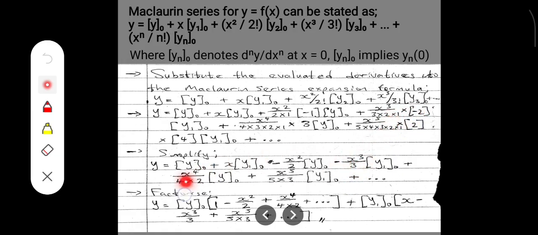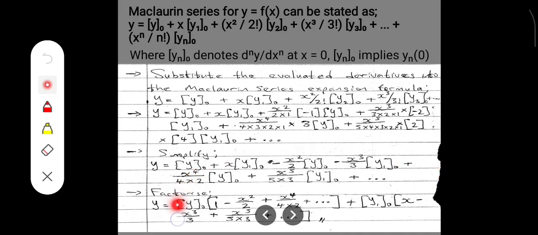The next term we have s to the power 4 over, for the next term 3 cancels out here, so we have 4 times 2 times 1 left, so I just wrote it as 4 times 2. Then the factor here is y of 0, plus the next term is s to the power 5 over 5 factorial. Now for this one, 2 and 4 cancel out in the denominator, so we are left with 5 times 3, then y subscript 1 of 0, and it keeps adding up.